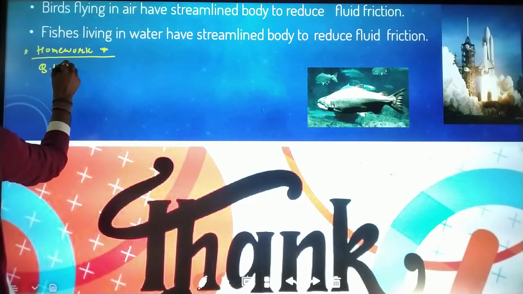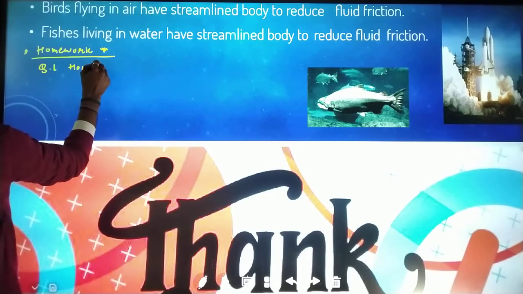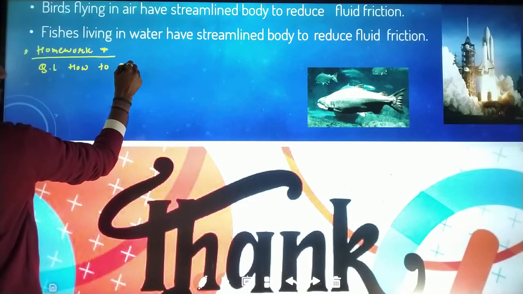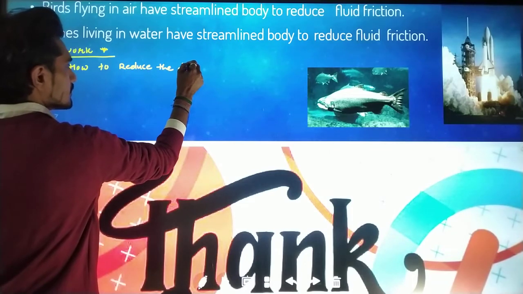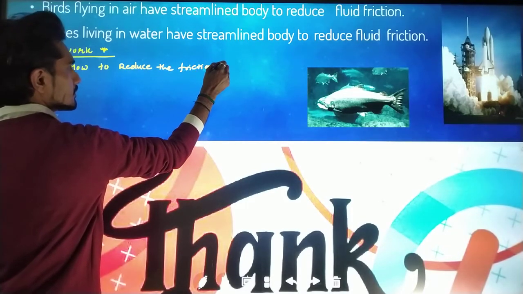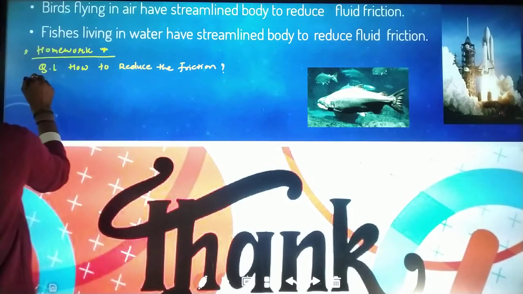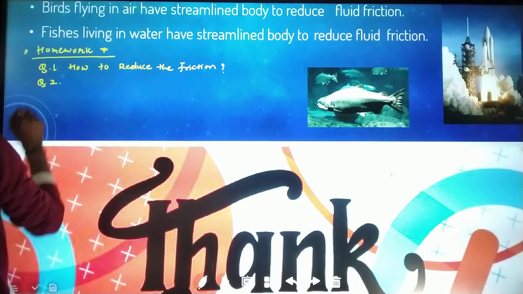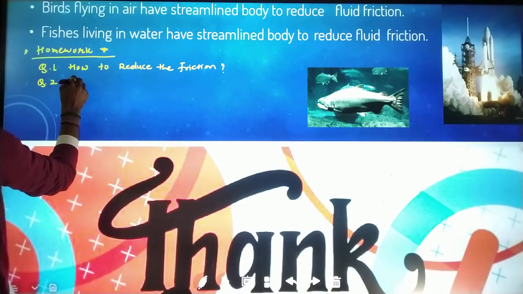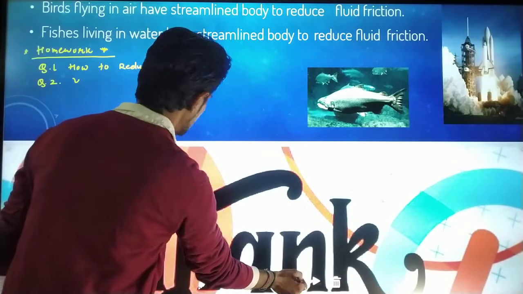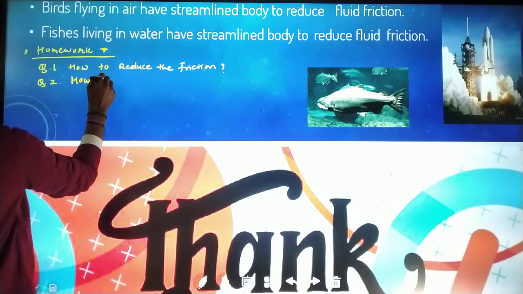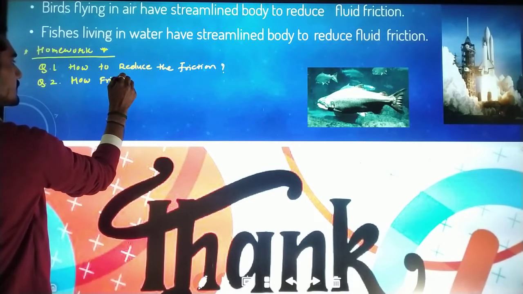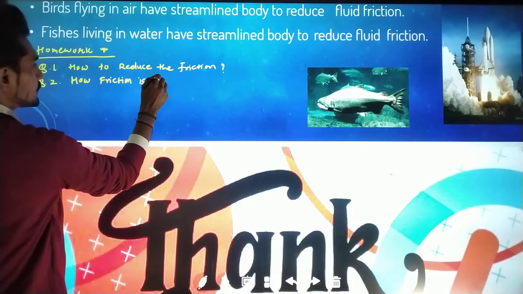Question number 1. How to reduce friction? Question number 2. How is friction useful to us?